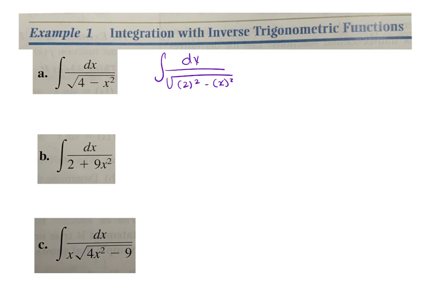Arcsine, if you look back up here, is the arcsine of the function over the number plus c. So this antiderivative is going to be the arcsine of the function. My function here is just x over my number. Well, my number here is 2. And then we have plus c. So that's what we're looking at here. That's why you need to recognize these.